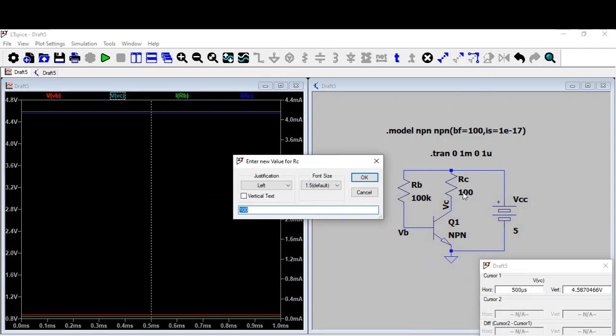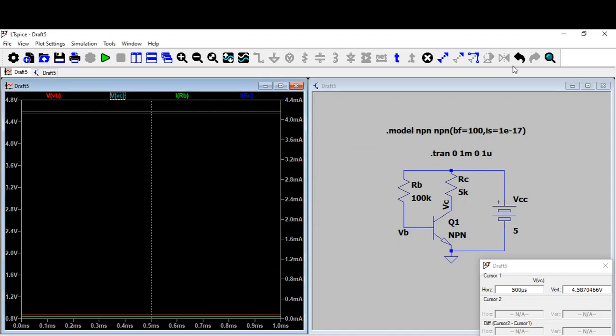So this should be 5K. Let me make it 5K, and let me have one more resistor. How do I have a resistor? Put an R here. Then I think there are two resistors. Let me delete one. How to delete? The backspace, or you can see now this is fine.